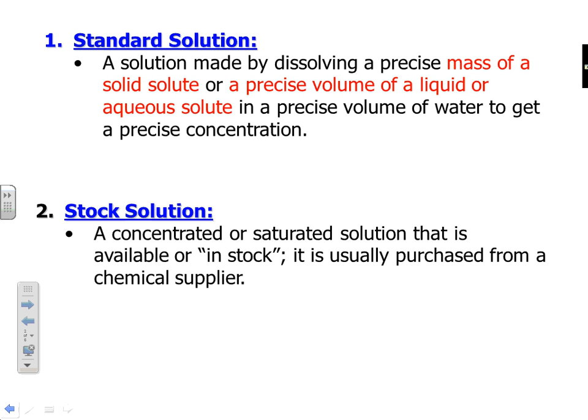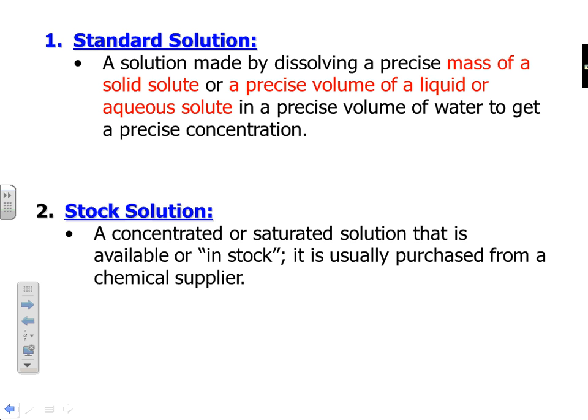If this is the graduation line, the meniscus will look like this, and we want the bottom of the meniscus to just touch the line, and when we do that, we know we have exactly 250 milliliters, not like about 200 milliliters where we're not really sure exactly whether it's a little bit more or a little bit less. So the volumetric flask tells us exactly the volume we want.